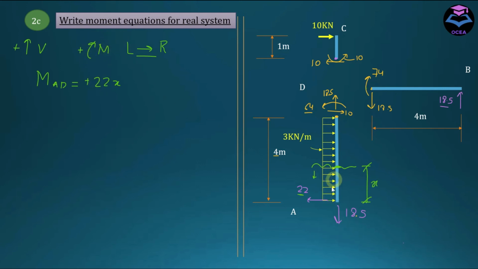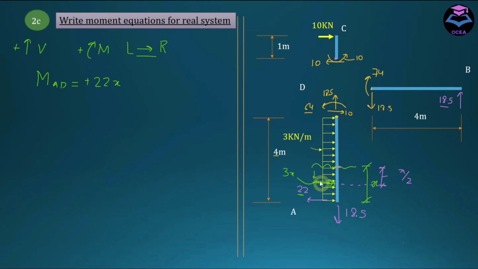And for this UDL, the resultant point load is equal to the area of the portion before this section. So this is equal to 3 multiplied by x, so 3 into x, and it has a perpendicular arm of x by 2 with respect to this section.